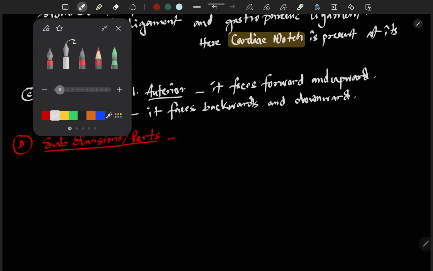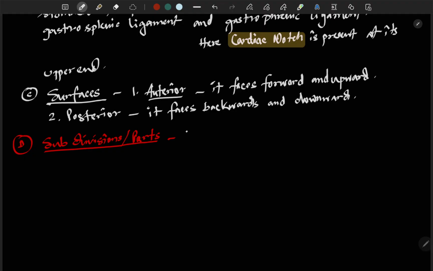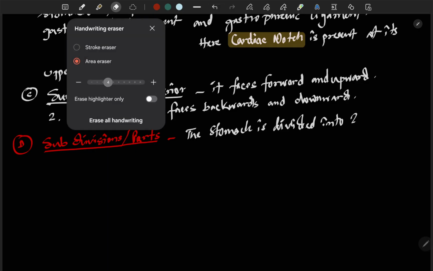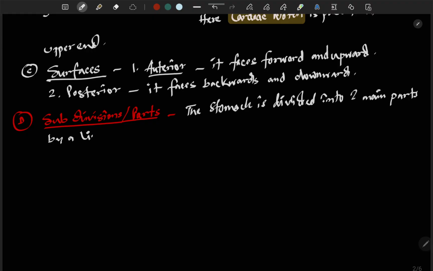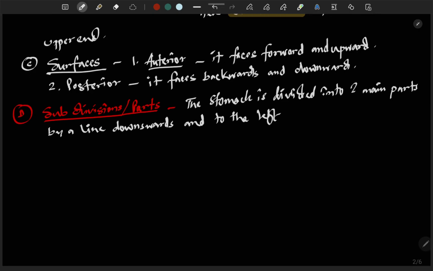The stomach is divided into two main parts by a line downwards and to the left from the angular notch.